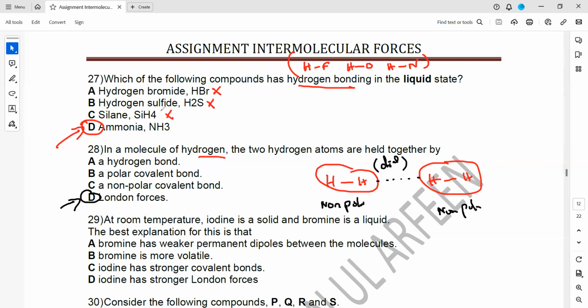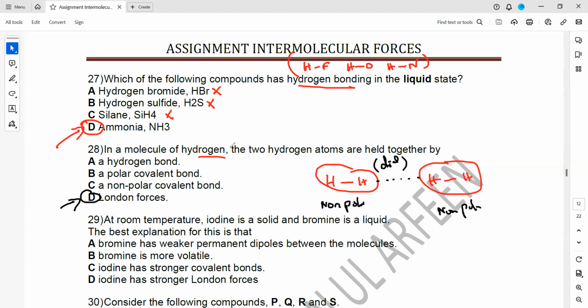Because a hydrogen bond exists when hydrogen is bonded with fluorine, oxygen, or nitrogen. A polar covalent bond is not an intermolecular force. A polar covalent bond exists within the molecule. It's an intramolecular force. And a non-polar covalent bond is again a covalent bond, that is intra, not inter.